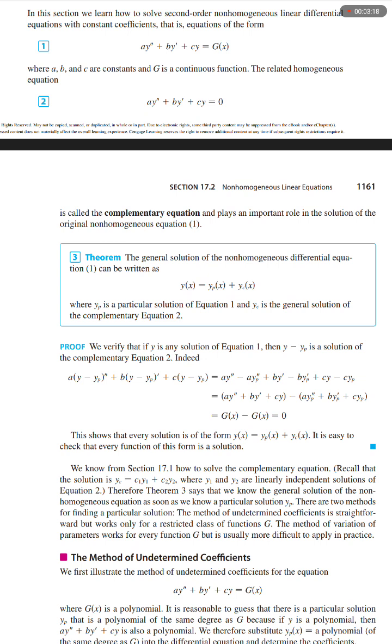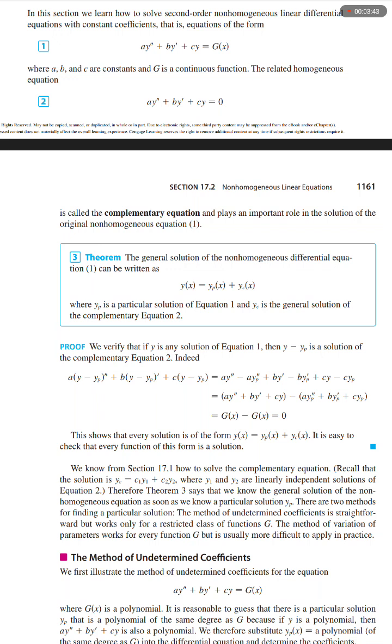This shows that every solution is of the form y of x equals y sub p of x plus y sub c of x. It is easy to check that every function of this form is a solution. We know from section 17.1 how to solve the complementary equation.